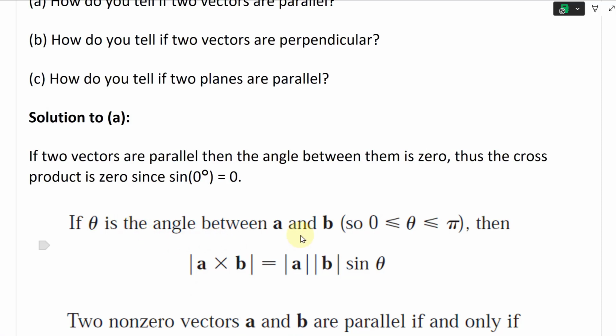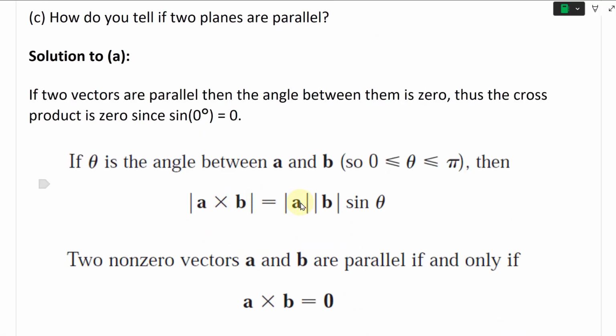So recall that for the cross product, if theta is the angle between A and B, where theta is between 0 and pi, then the length of the cross product is equal to the length of A times the length of B times sine theta. And remember, sine theta at 0 is equal to 0.